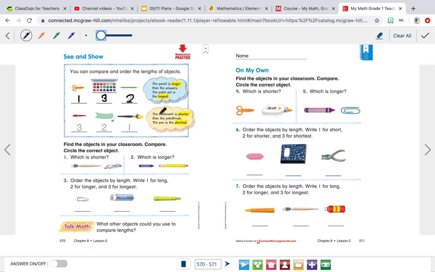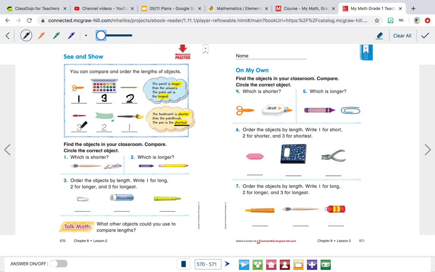Now it's saying the bookmark is shorter than the paintbrush. So here's the bookmark and here's the paintbrush, okay? The pen is the shortest. So, because we're looking for shortest now, the 3 is going to be the shortest number.